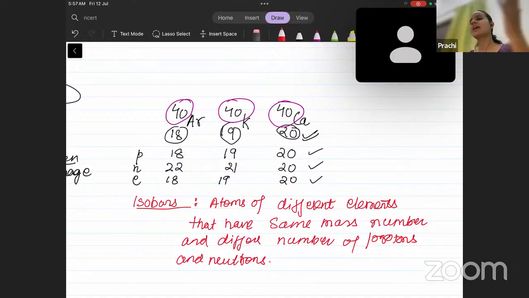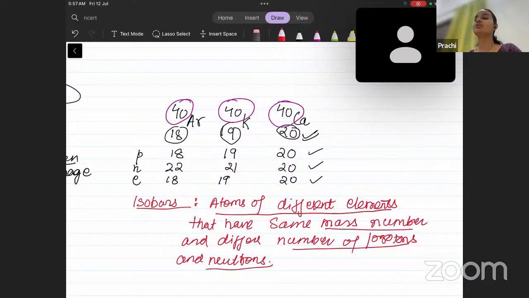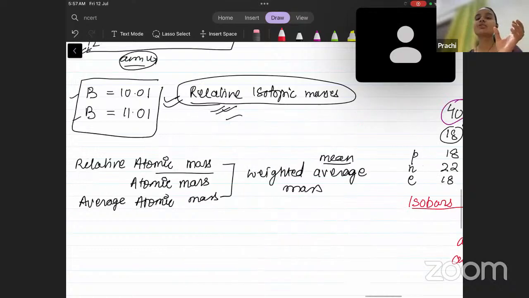So these words are very important: they are the atoms of different elements which have the same mass number but different atomic number. Or if they don't write different atomic number, they will write a different number of protons and neutrons. So you have to know the definition in terms of number of protons and neutrons. So for the isotopes, what did we have?